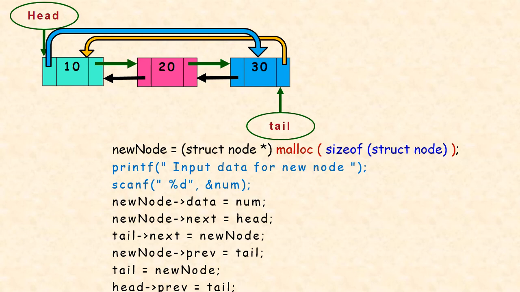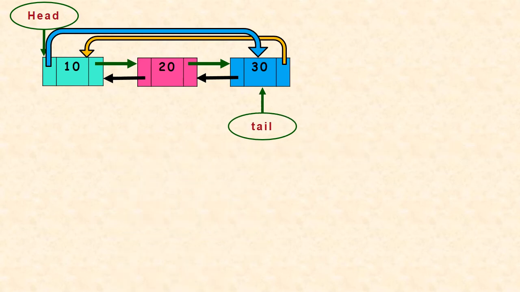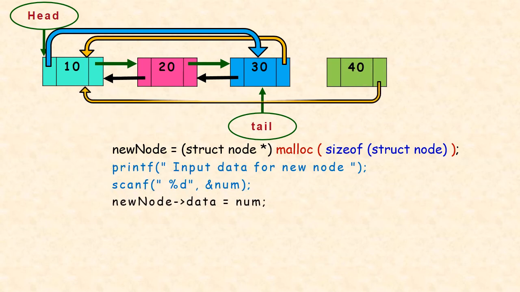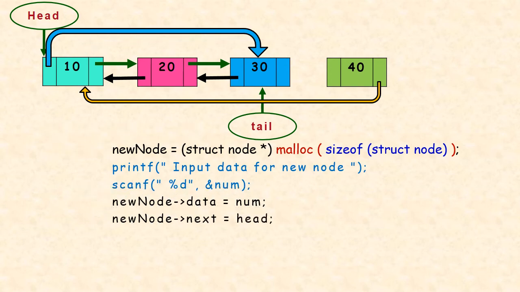Now a new node again, so that you can easily understand. Same thing, create a node, assign value 40. Then to establish this link, new node next is equal to head. Then to establish this link, tail next is equal to new node.